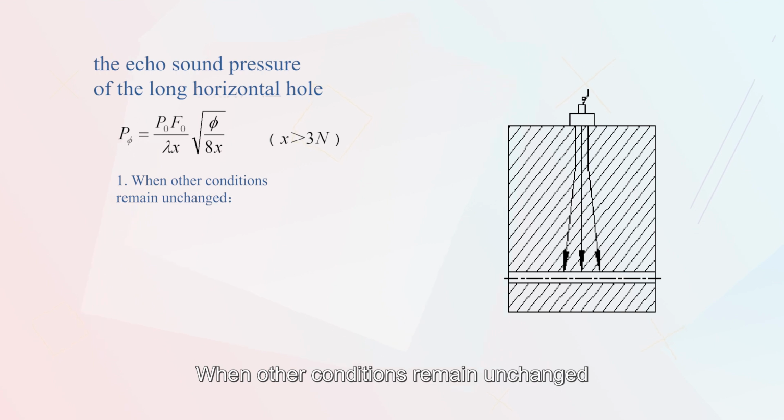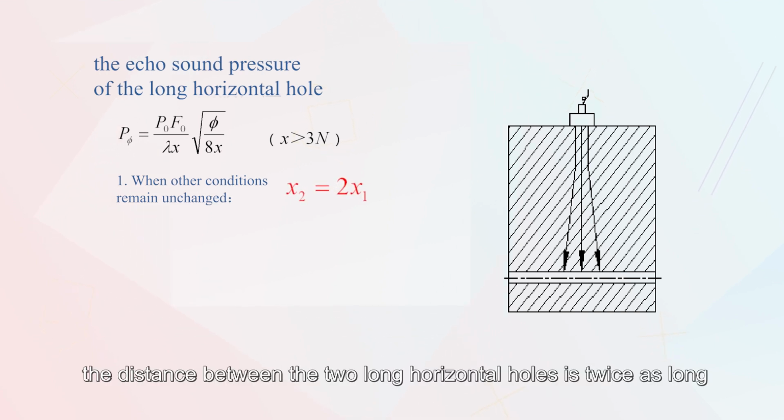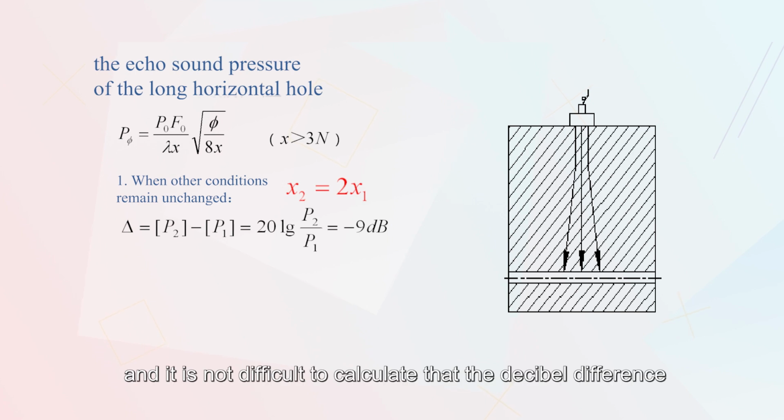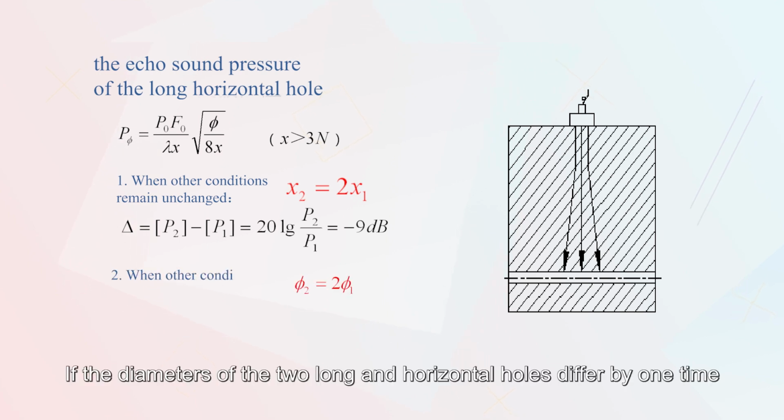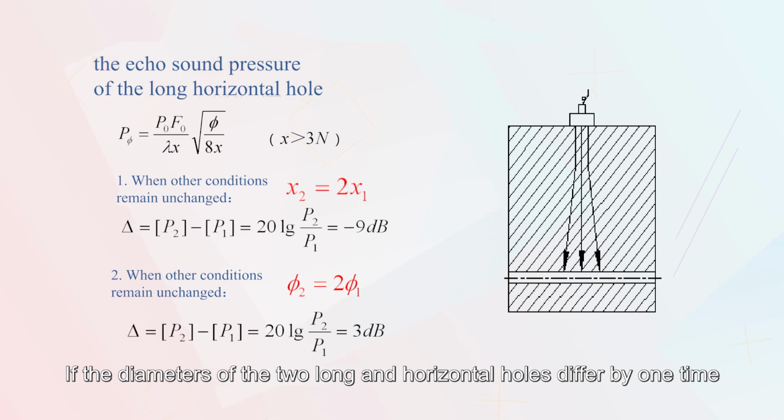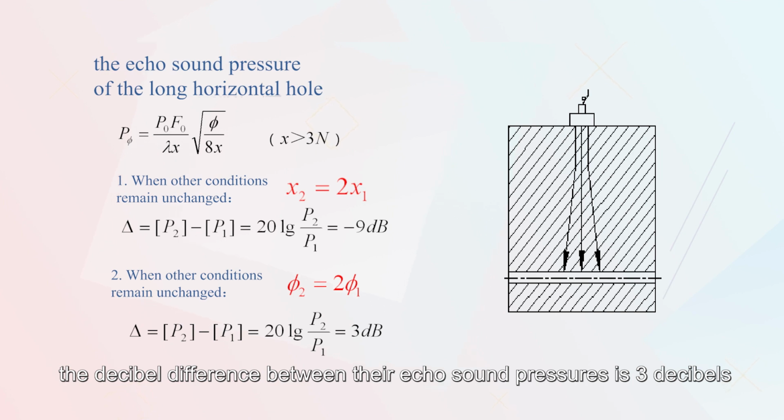When other conditions remain unchanged, if the distance of one long horizontal hole is twice that of the other, it is not difficult to calculate that the decibel difference between their echo sound pressures is 9 decibels. If the diameters of the two long horizontal holes differ by 1 time, the decibel difference between their echo sound pressures is 3 decibels.